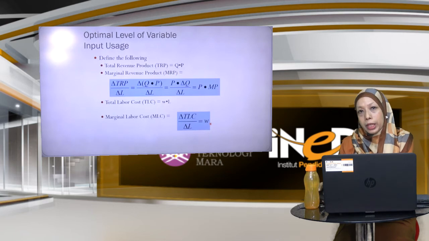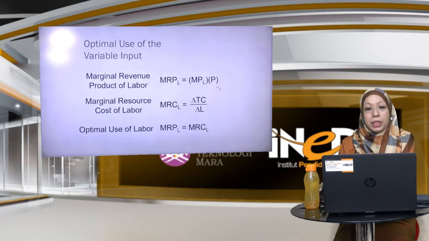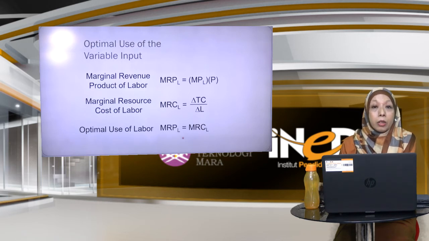So, when we want to know the optimal use of the variable input, this is the formula that you need to use. You need to know the marginal revenue product, which is simply marginal product times price. You also need to know your marginal resource cost, which is actually your wage rate. So, the optimal use of labor can be found by equating marginal revenue product with marginal resource cost of labor.